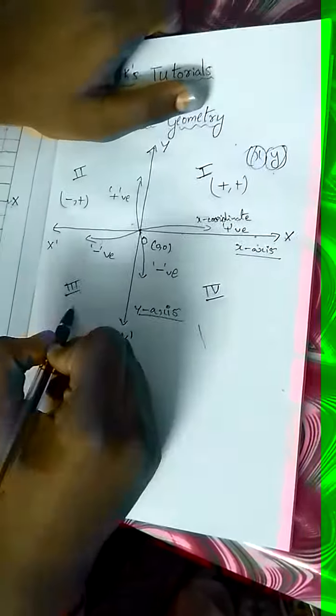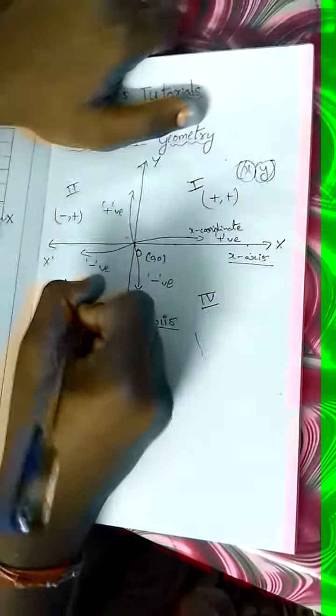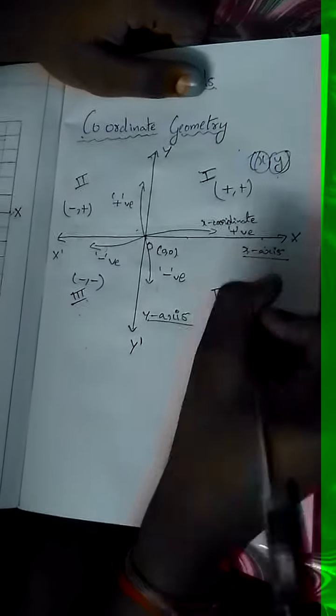In the second quadrant, x is negative and y is positive. And in the third quadrant, x is negative and y is also negative. In the fourth quadrant, y is negative whereas x is positive.